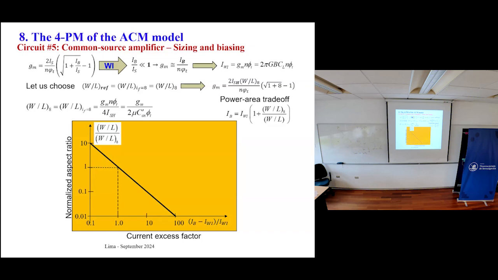Okay? And in some cases, you have to deal with the current. Because if you increase the area, you have to feed all the transistors. How do you increase the area? You can put a lot of transistors in parallel, for example, instead of increasing W. This is one important approach that we use when designing a circuit. Instead of increasing the area, you put a lot of transistors in parallel, for example.